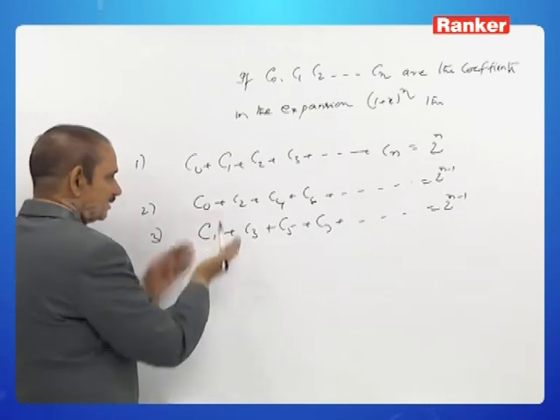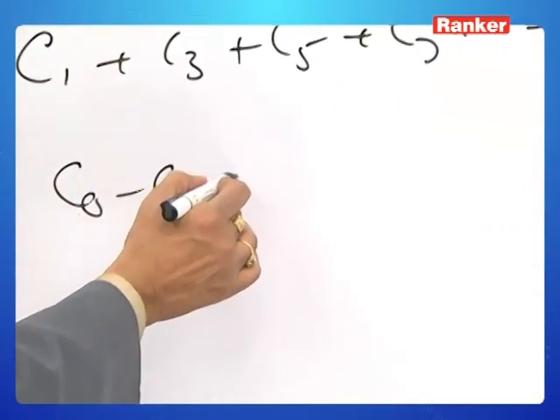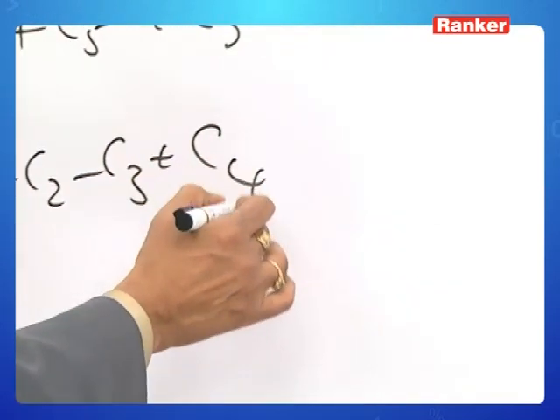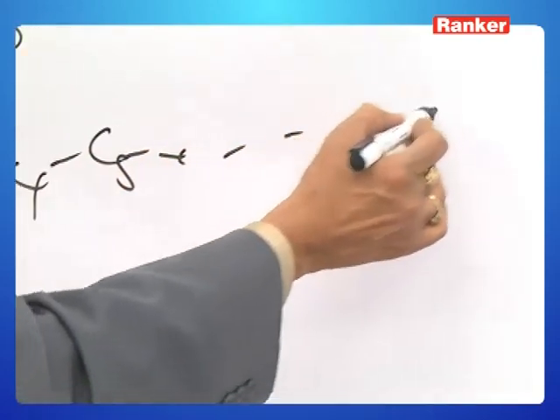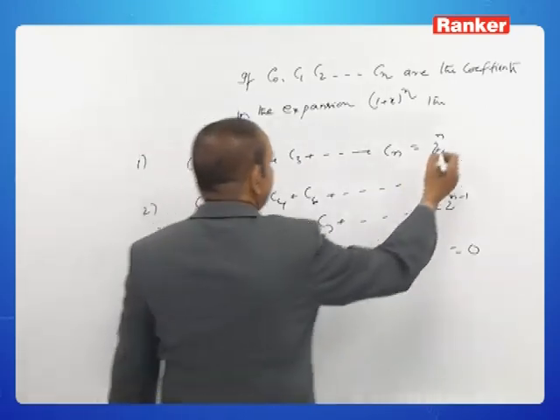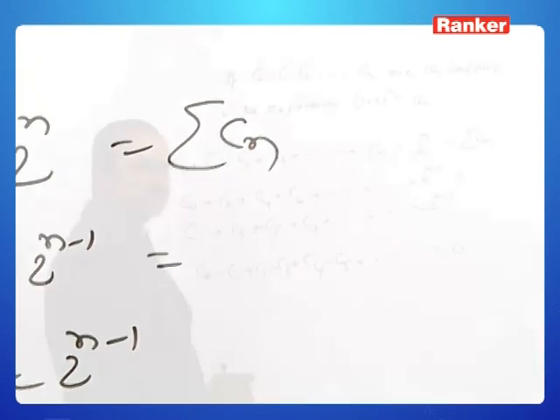Now you subtract this minus this. What happens? C0 minus C1 plus C2 minus C3 plus C4 minus C5 and so on is equal to, what happens? This is 0. This can again be represented as sigma Cn, sum of all the coefficients.